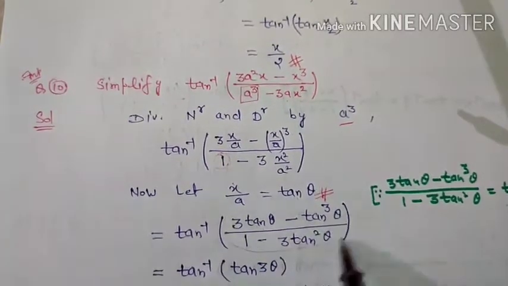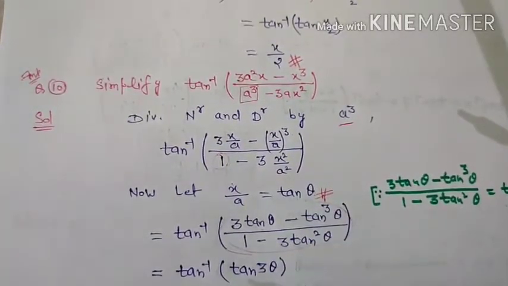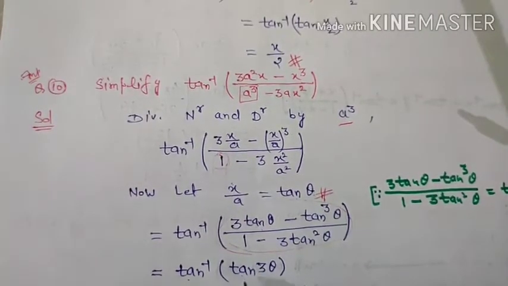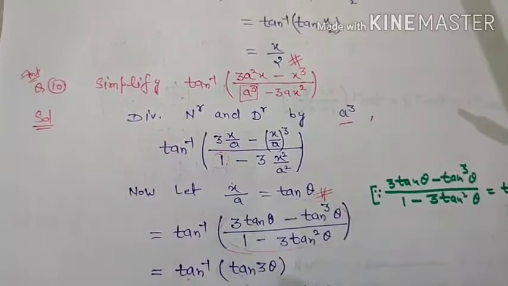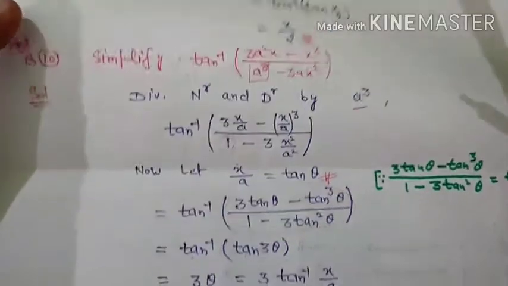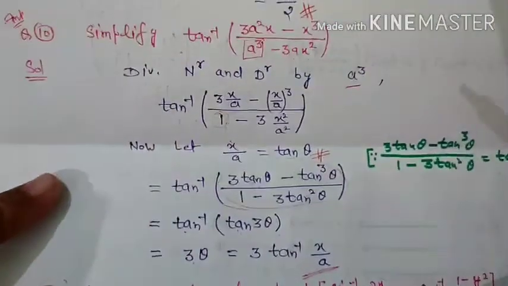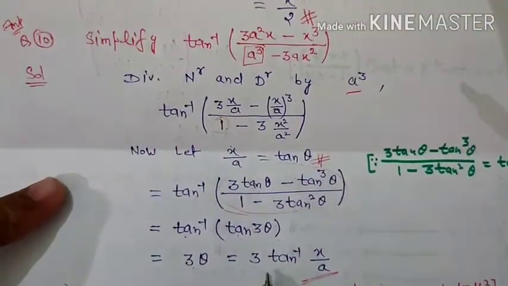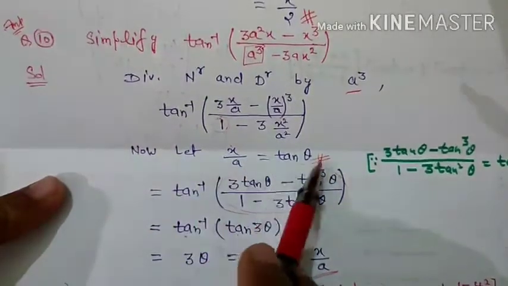Now this whole expression you can write by the formula as tan 3 theta. This tan inverse and tan will be cancelled out, then we get 3 theta, which equals 3 tan inverse x by a, as we have already assumed tan theta as x by a.